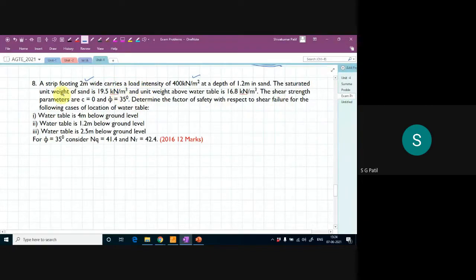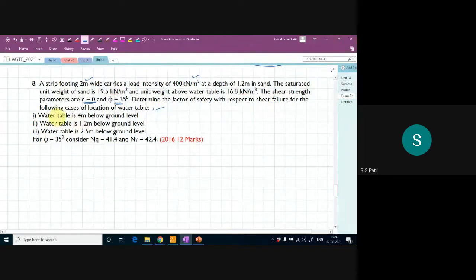The shear strength parameters are C equal to 0, so there is no C. That means this soil is pure sand, and phi is equal to 35 degrees. Determine the factor of safety with respect to shear failure for the following cases of location of the water table. There are three cases.